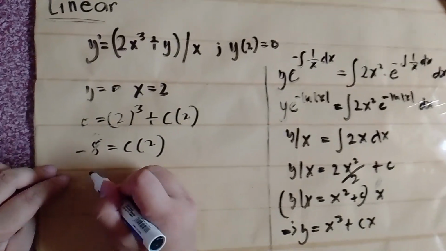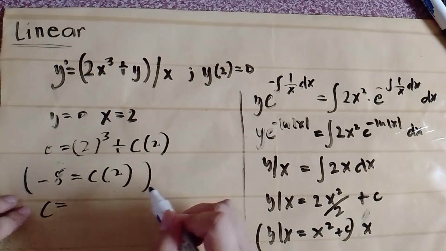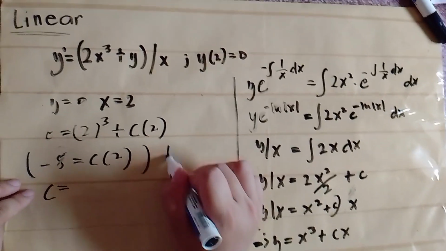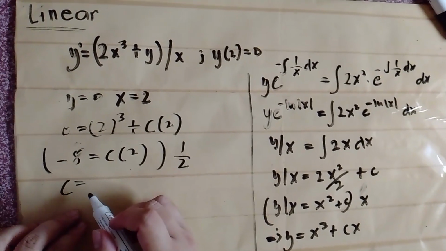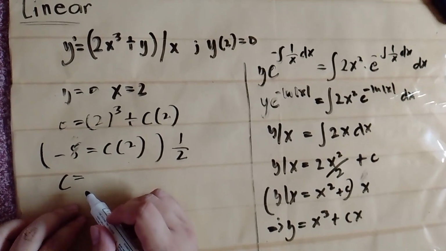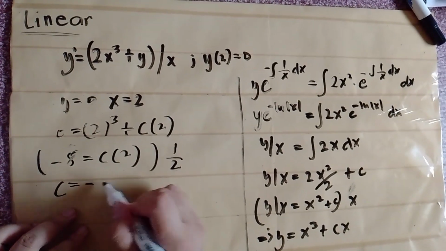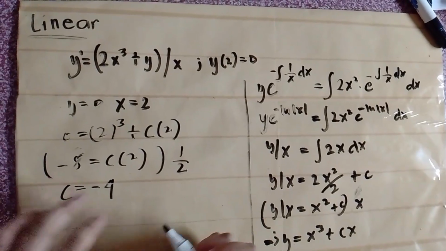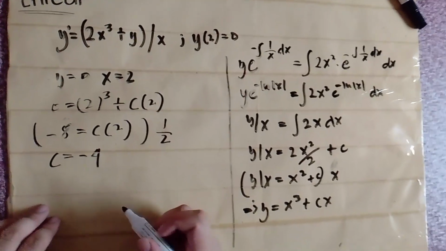So the value of our c now will be, since both sides will be divided by 2, so that we can have the value of c. And now we have the value of negative 4, since 8 over 2 is 4 and we have the negative sign, so negative 4.